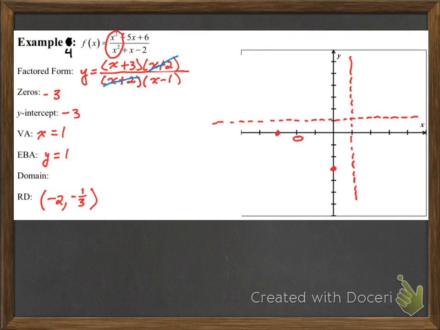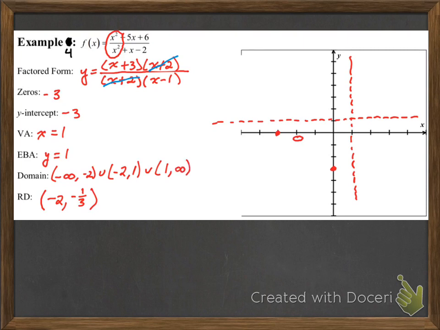All right, so our domain goes from -infinity until we come to our first discontinuity, which is right here. So it's going to go to -2, union, and then our graph is going to go from -2 to the next discontinuity, which is 1, union, and then 1 to positive infinity.